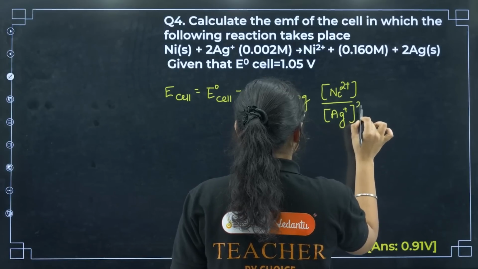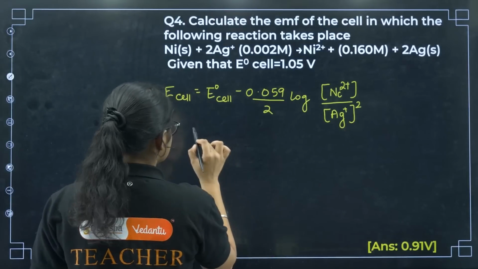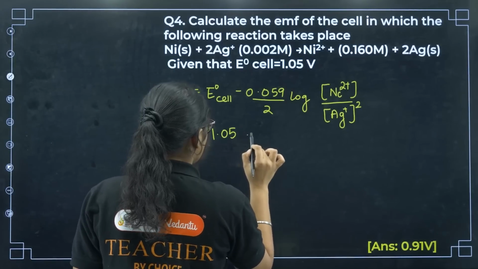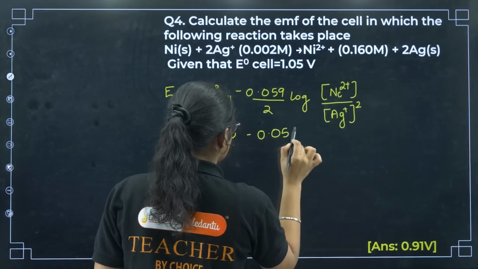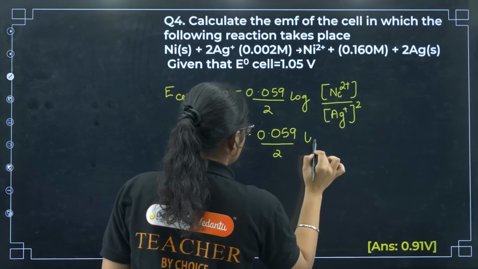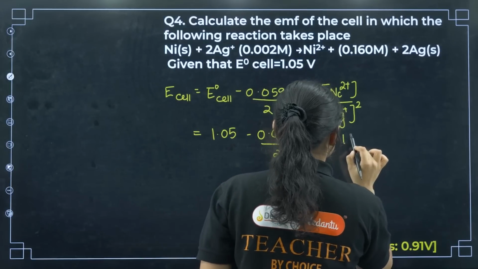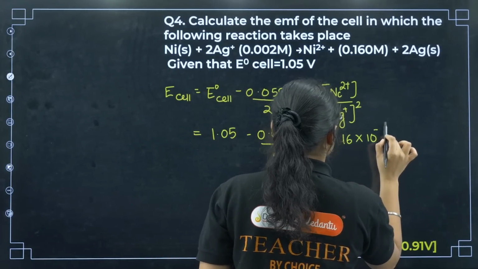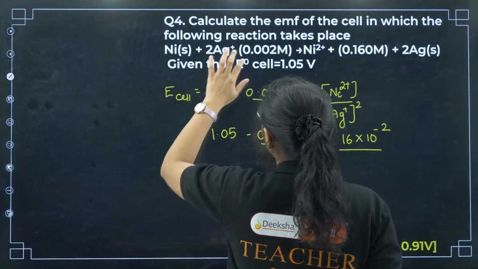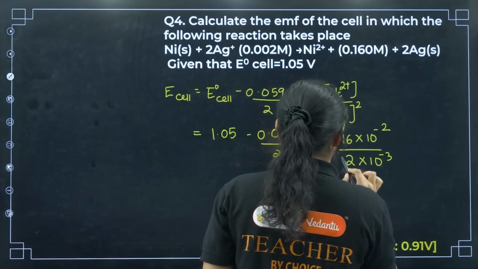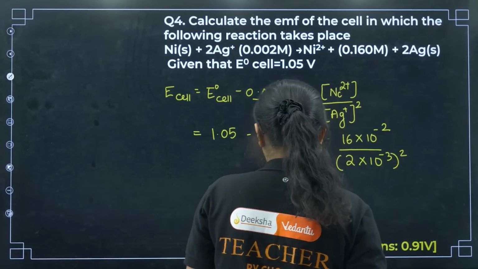Ag⁺ squared. So E° of the cell is 1.05 minus 0.059 by 2 log of Ni²⁺, which is 16 into 10 to the power of minus 2, then Ag⁺ is 2 into 10 to the power of minus 3, squared.